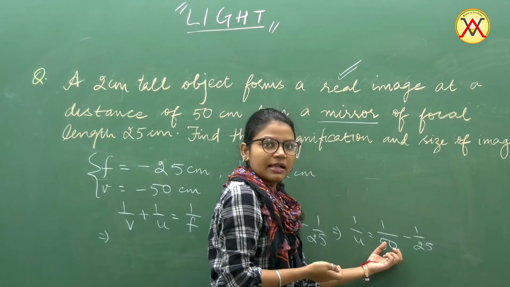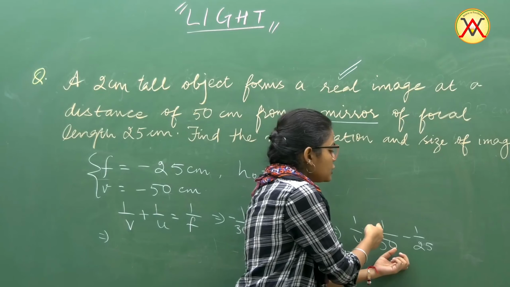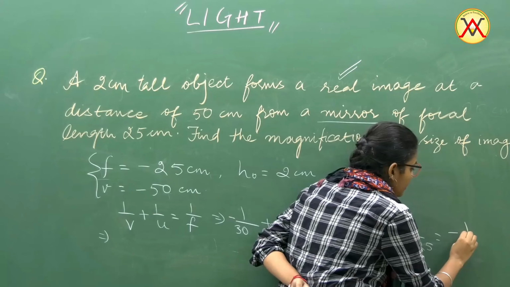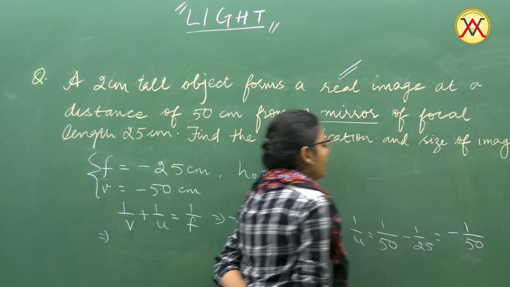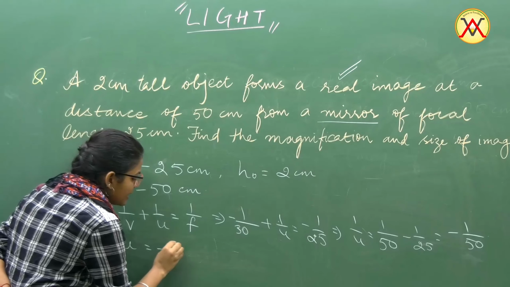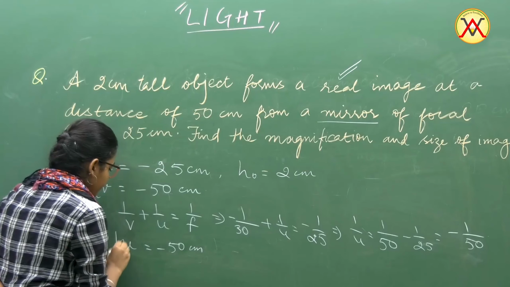Taking the LCM would be 50. This will be 1 minus 2. Hence, our object distance is minus 50 centimeter.